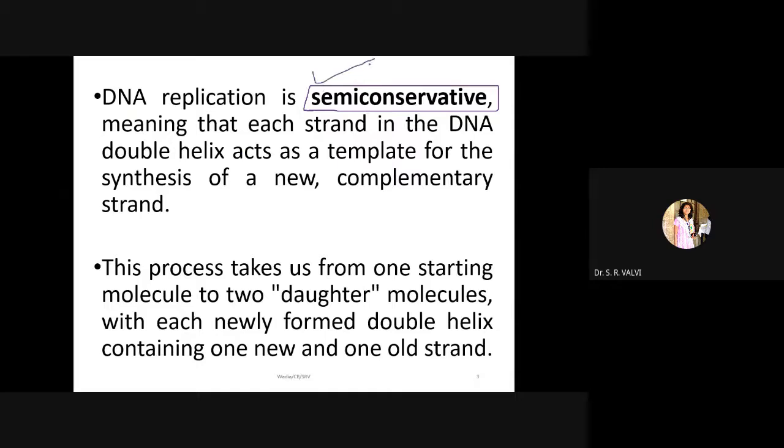Hence DNA replication is called semi-conservative, right? This process takes place from one starting molecule to two daughter molecules, with each newly formed double helix containing one new and one old strand. Hence we call this process semi-conservative DNA replication.